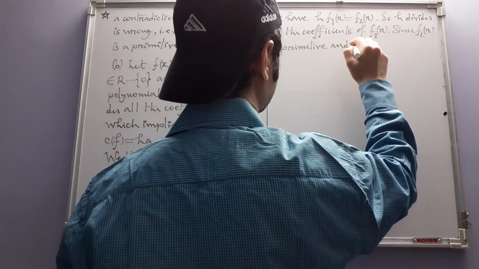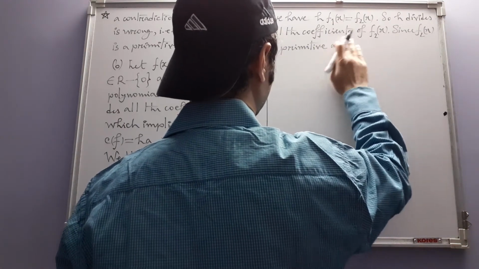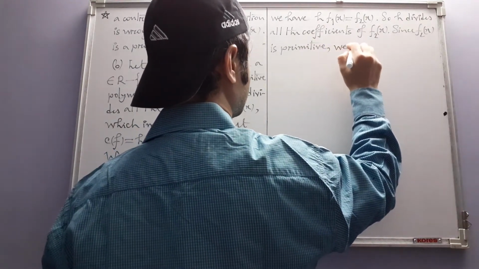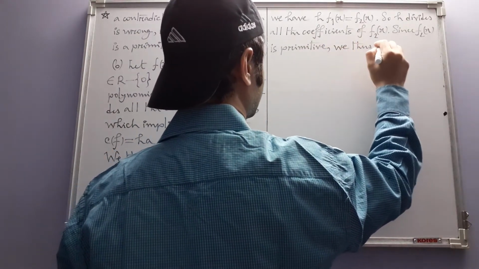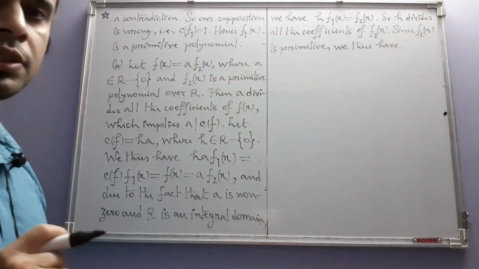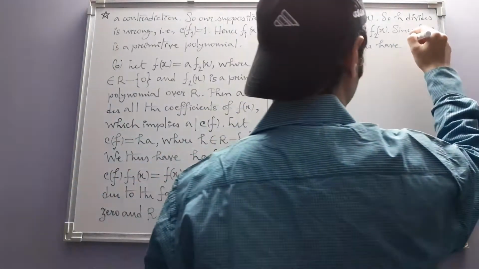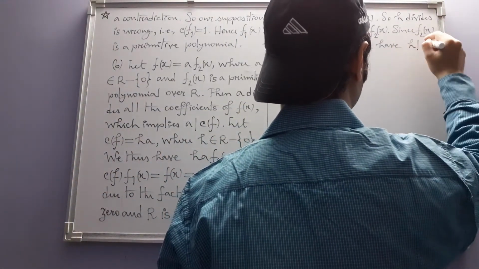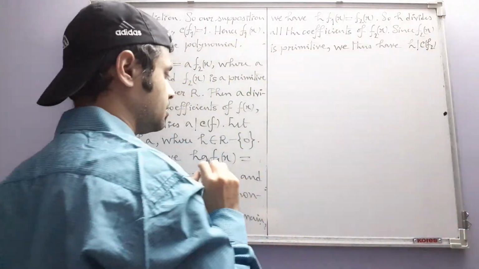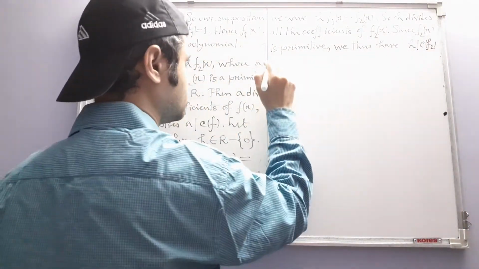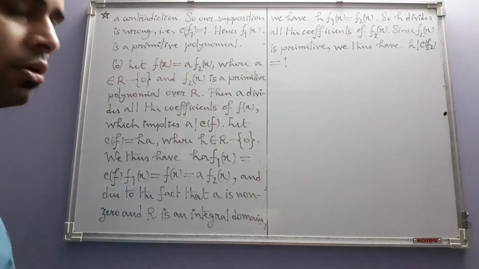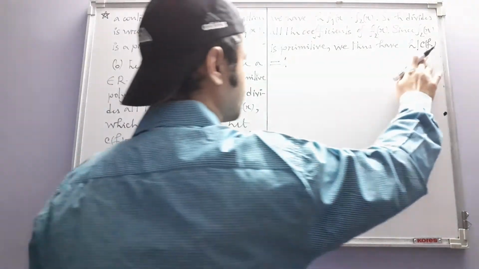Since h divides all the coefficients of f2, h will divide the content of f2, which is a GCD of all the coefficients, and since f2 is primitive, that content is equal to 1 or a unit, same thing.